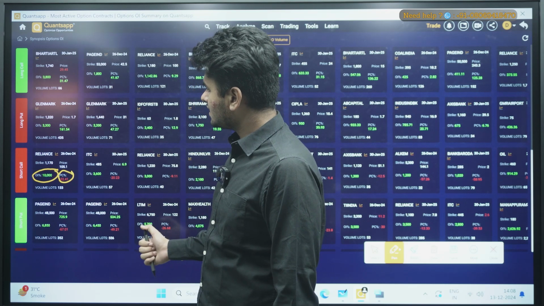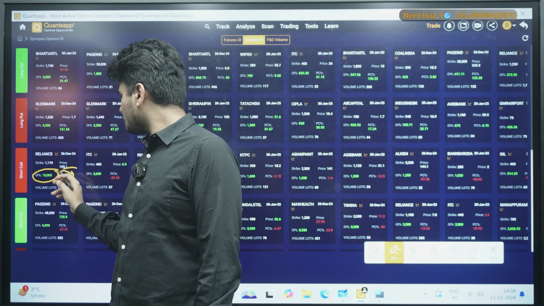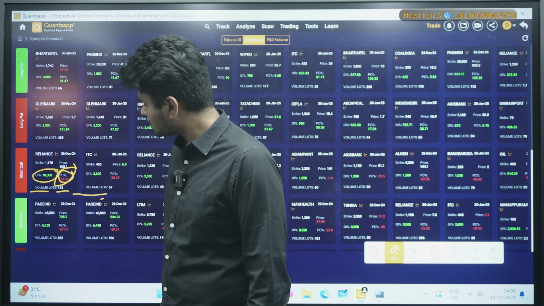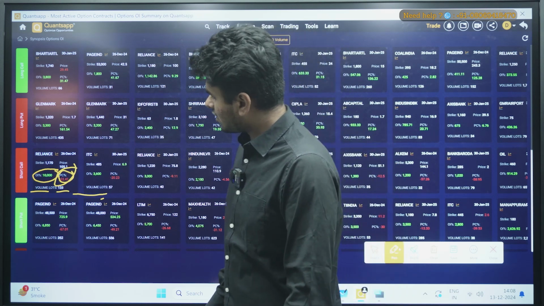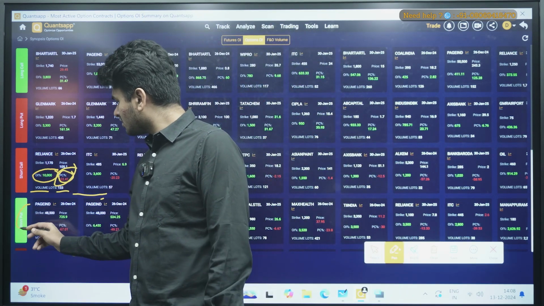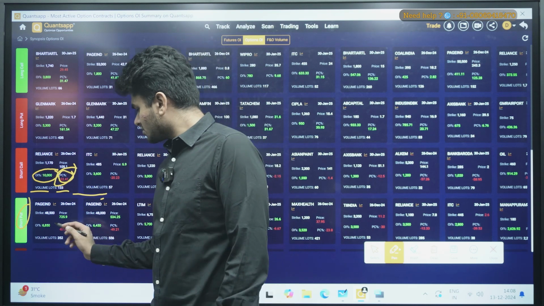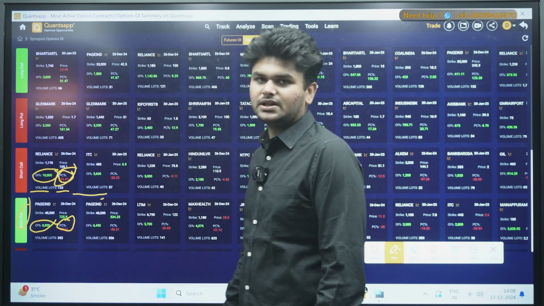So what we are seeing is that calls are being sold here. Call options are being sold, that's why the price is going negative. You can see the volume in lots is also shown. Now we talk about the short put. In the short put, we are seeing the put being sold. You can see the OI increasing here and the put option price being negative.